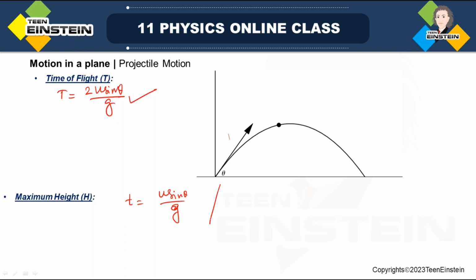You can use that and find s equal to ut minus half a t square.